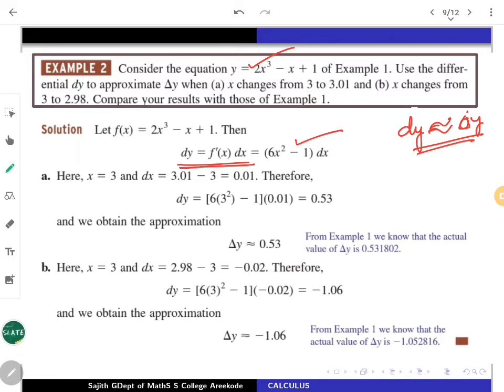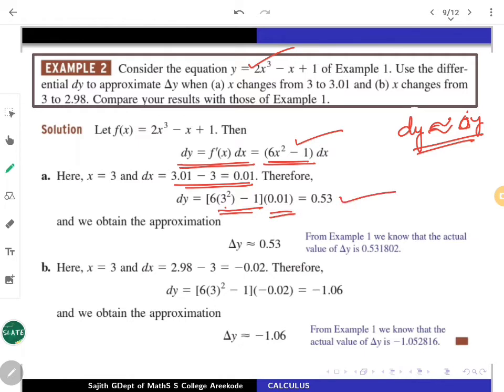So what is our dx? dx corresponds to delta x only, so dx is once again 0.01. So dy is just given through that evaluation: f dash x, that is 6x squared minus 1, evaluated at 3, that's 6 times 3 squared minus 1. Then multiply by dx, that is delta x. It gives the formula like that.